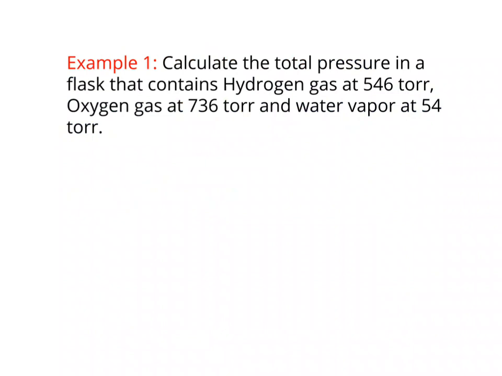It says calculate the total pressure in a flask that contains hydrogen gas at 546 torr, oxygen gas at 736 torr, and water vapor at 54 torr. So remember these units, torr. Torr measures pressure. Okay, so what's given to you is units of pressure.